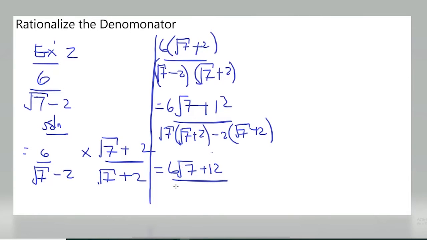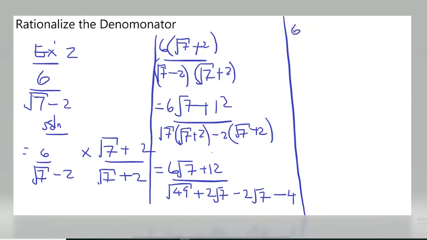Now root 7 times root 7 is equal to 49 under root, that is 7. Plus root 7 times 2, which is 2 root 7, minus 2 times root 7, giving 2 root 7. Then negative 2 times positive 2 will be equal to negative 4.